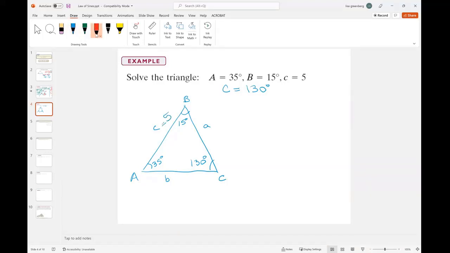So again, I just do exactly the same thing. I know everything about C, so I'm always going to start with the sine that I know the variables of.